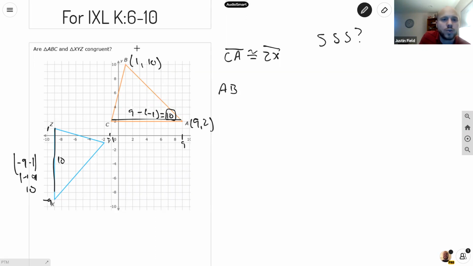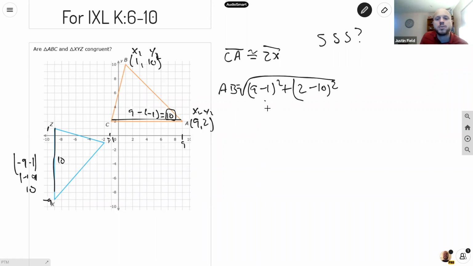You can call either one x1, y1, and the other x2, y2. Okay, so now let's just subtract the x's. 9 minus 1 squared plus 2 minus 10 squared. Then I'm done. Don't forget to take the square root.